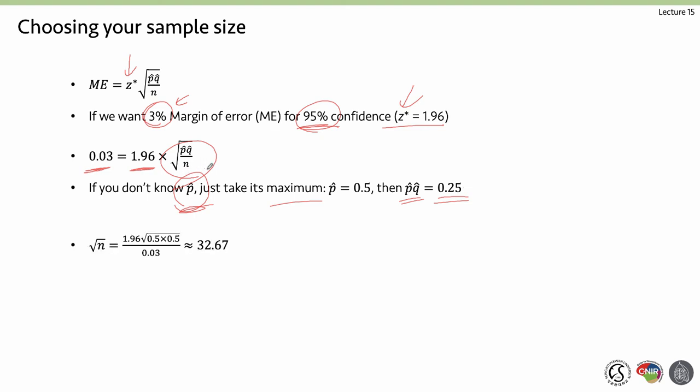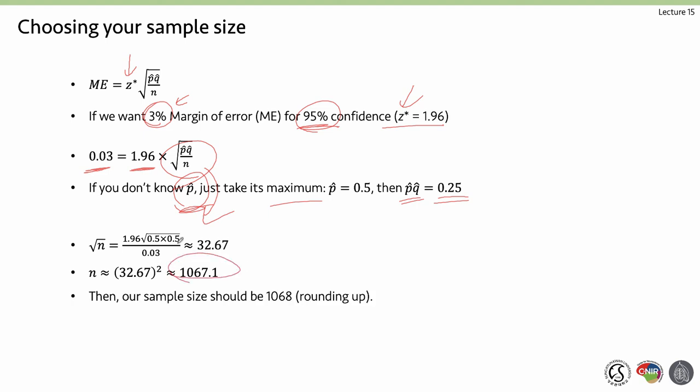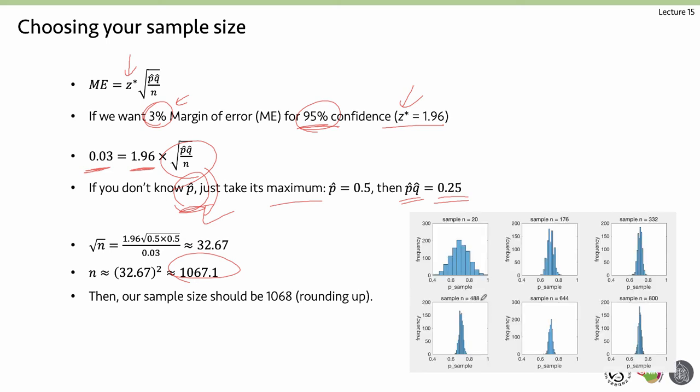Then from this equation, root N should be around 32.67. N equals the square of 32.67, around 1,000 people. So our sample size should be 1,068, rounding up. And as you see here, as we have a larger sample, the margin of error becomes smaller. Therefore, it really depends on the margin of error we want, and then we can get the sample size.